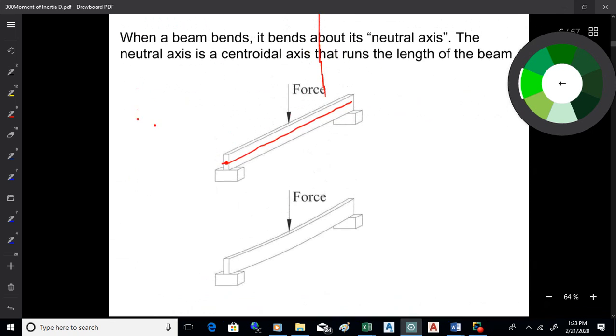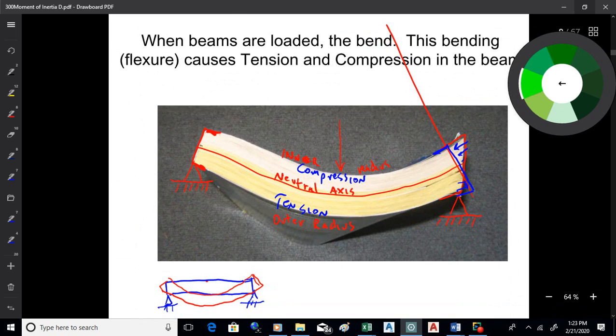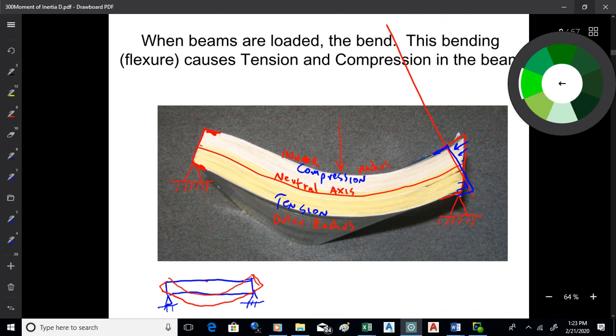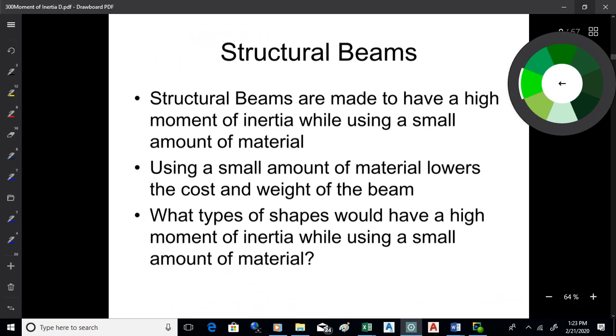All right, so we went over this a bit, how a beam will bend about its neutral axis. And the idea, if it sags downward or bends downward, we get tension on the bottom, compression on the top. All right, so what we want to do is minimize this typically. So what we want to do is have a high moment of inertia while using a small amount of material.